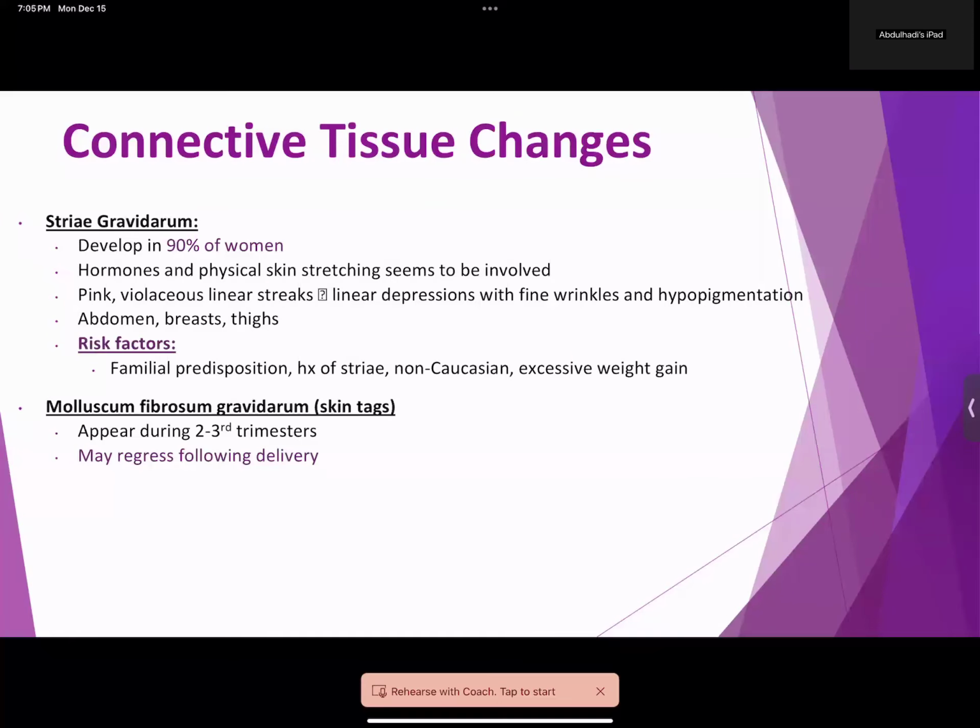Now let's talk about how the distension in the abdomen can lead to striae gravidarum, which is a big issue, to be honest with you, that we also see with stretch marks. We can see them with over distension of the abdomen, sudden weight loss, sudden weight gain.